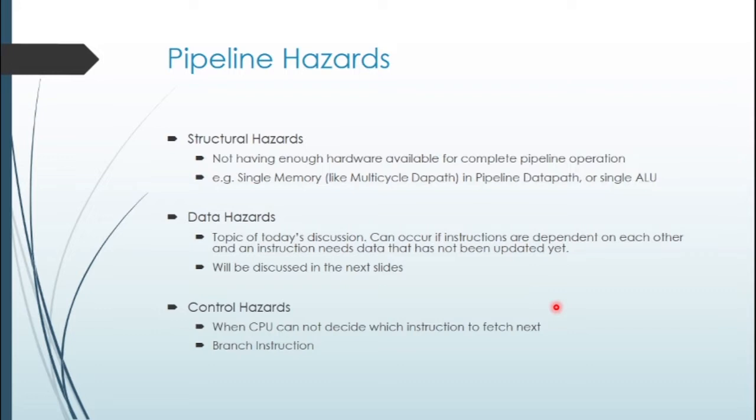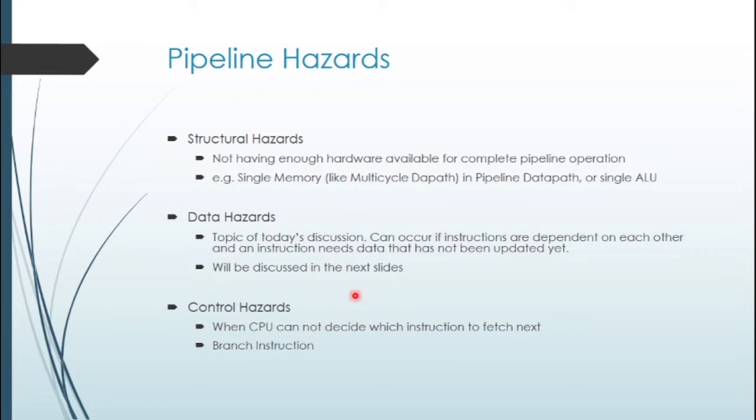In normal operation it should jump to the branch target address, but due to the normal operation of the pipeline, the next instruction has already started before the branch decision is made in the third clock cycle. That is the case of control hazard, which we will learn in the next lecture as well.